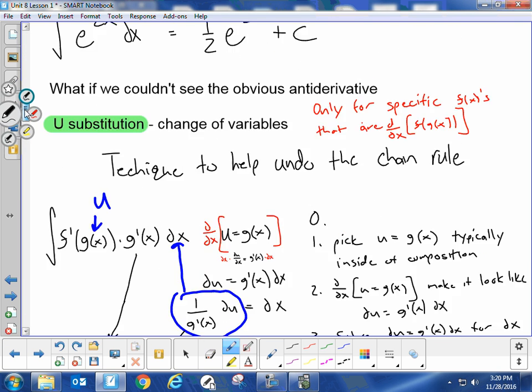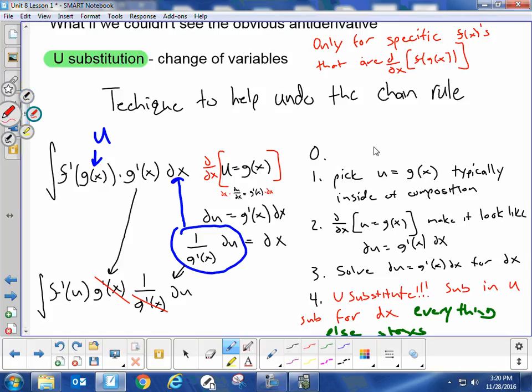Check to see if you can simplify first. Okay. Don't even use u substitution unless you're really sure this is what you need to do.